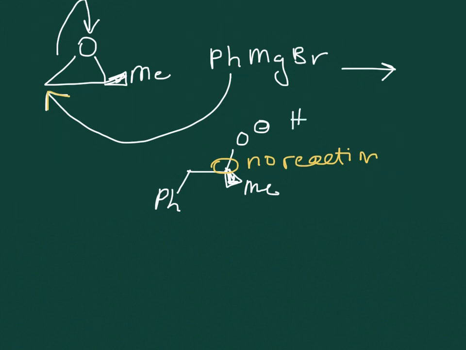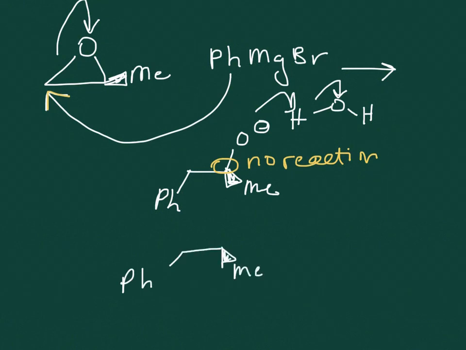We now add water in our second step. Water takes the hydrogen. And we have our product. Now we're going to look at acid catalyzed ring opening.